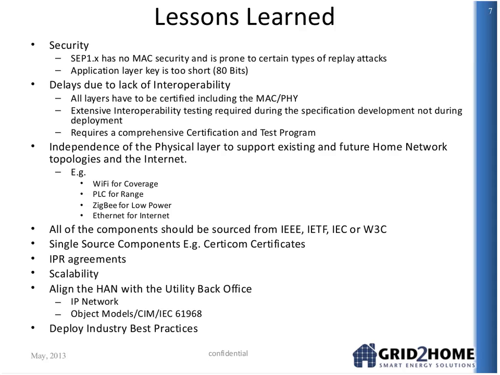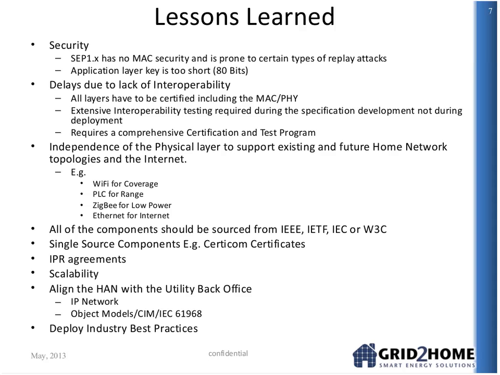Another lesson that was learned is that using just one physical layer is actually a disadvantage, in that in some cases you need other physical layers for other reasons. For instance, Wi-Fi is great for coverage. PLC is great for range, for instance in MDU applications, the multi-dwelling unit applications, which is why PLC was considered for the utilities and why it was brought in for SEP2, to get the range between the meter and the apartment, maybe a considerable distance, and you can't do that normally wirelessly.